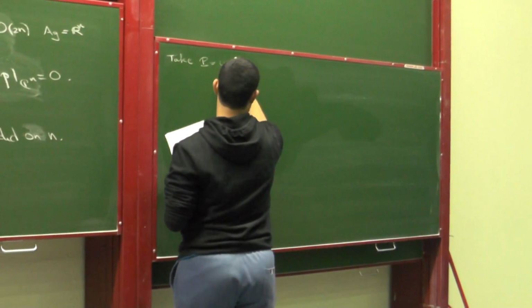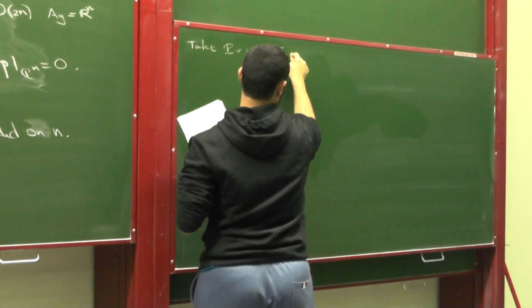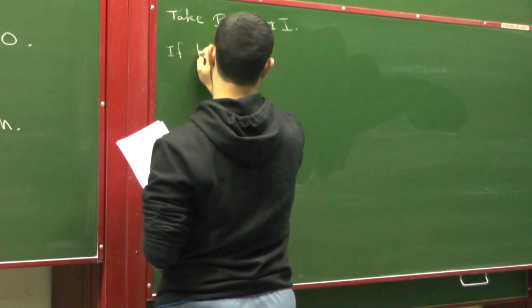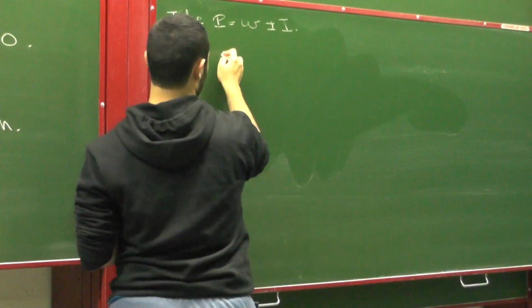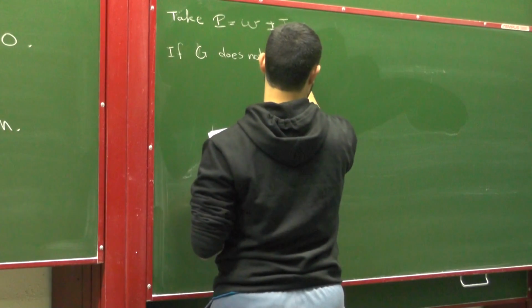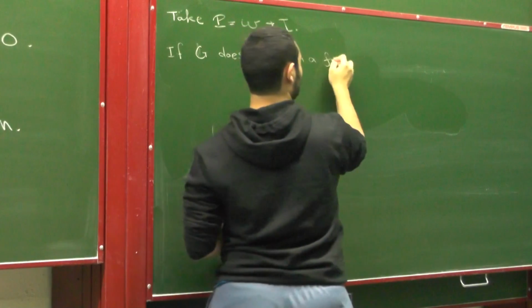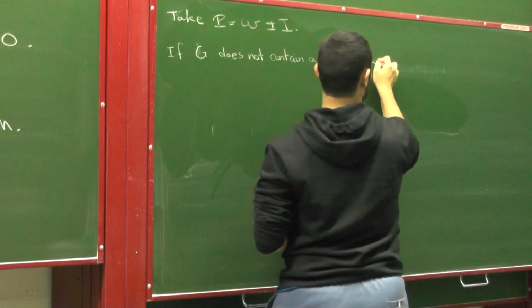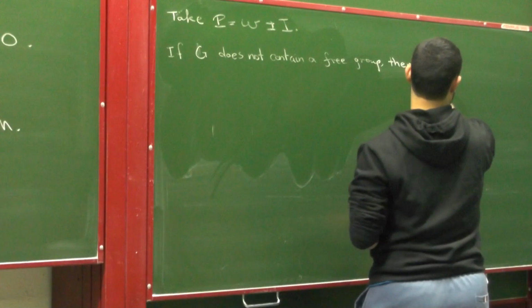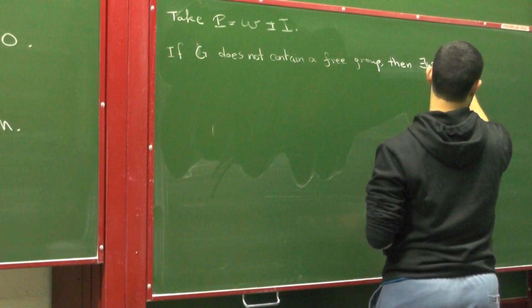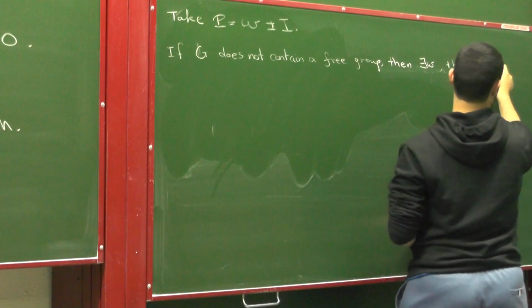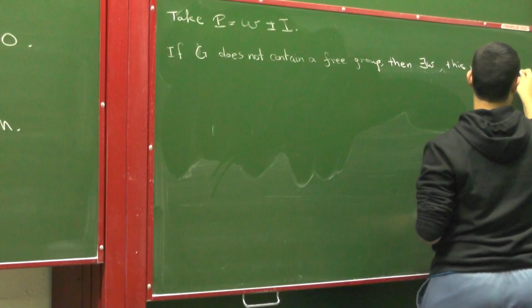Now, if our group G, which is SU2, does not contain a free group, then for some W this polynomial vanishes identically.